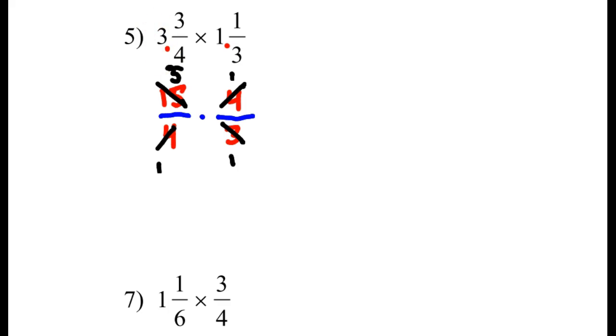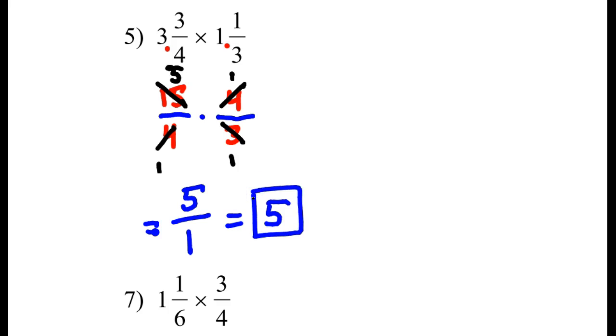So multiply what we have left. We have 5 times 1, and then 1 times 1. But we usually don't write your final answer as over 1. So you can just write it as just 5.